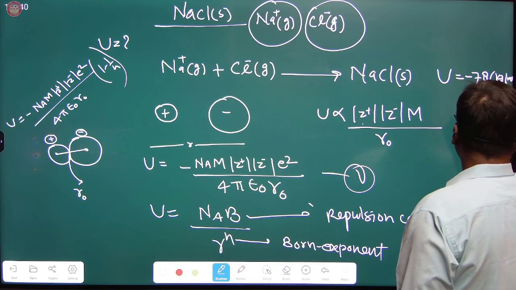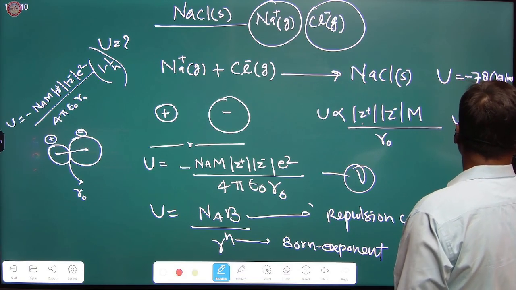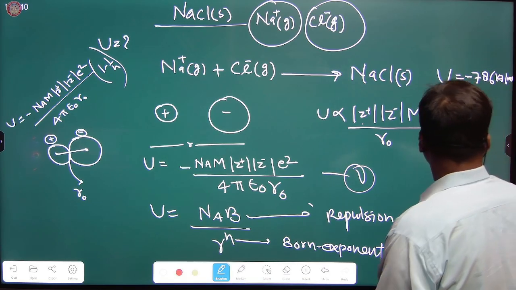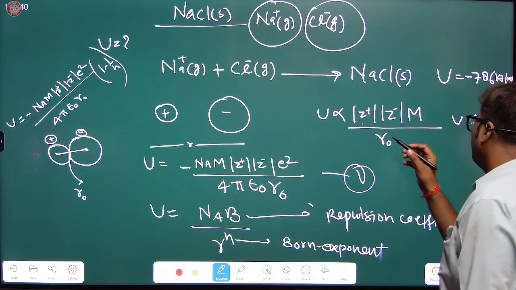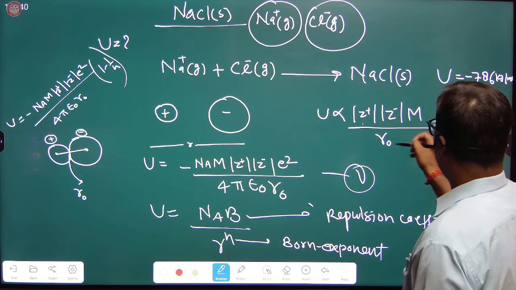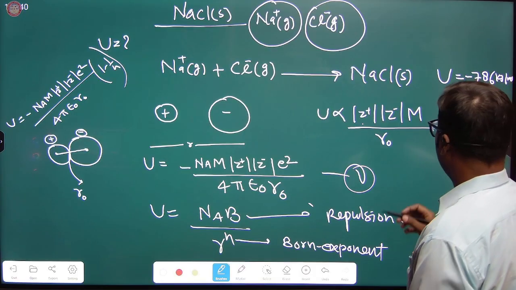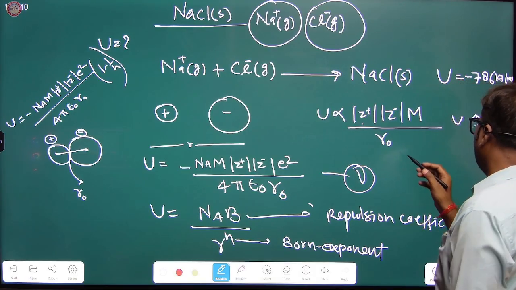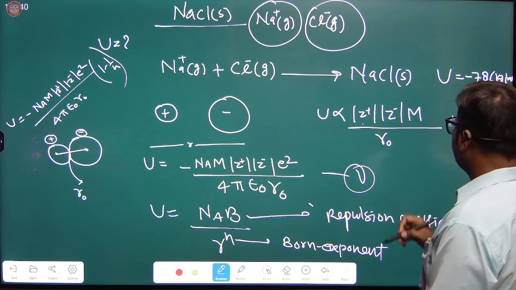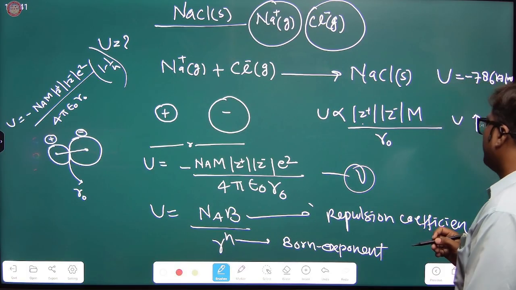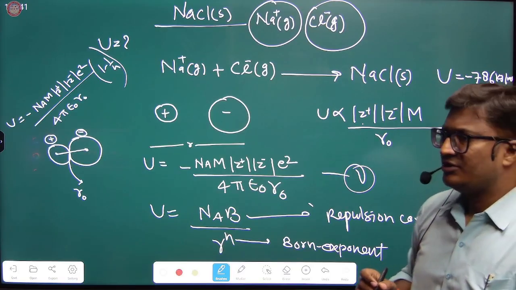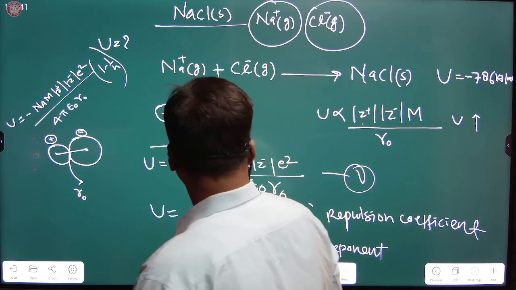So U increases as the product of charges on the ionic solids increases, and if the Madelung constant is changed, then lattice energy is changed. And if the interionic distance varies, then the lattice energy changes accordingly, right?